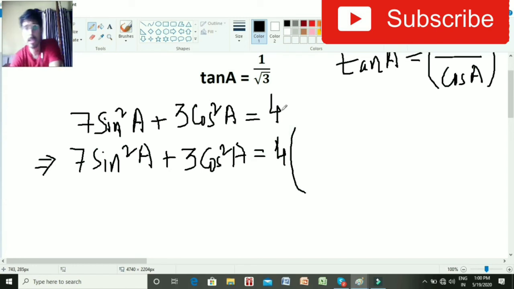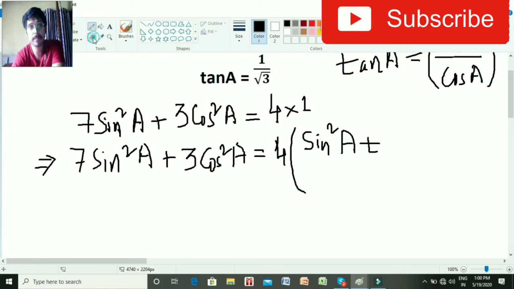Now there is nothing with 4, that means I can say it is 4 into 1, and we know that sin square theta plus cos square theta equals to 1 from the trigonometric identities. So let us take theta as a, so sin square a plus cos square a.